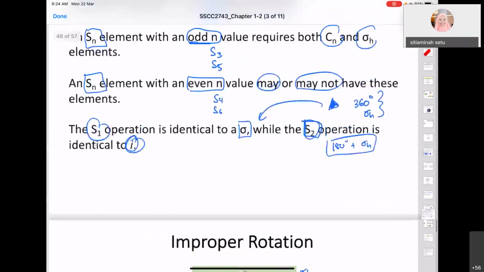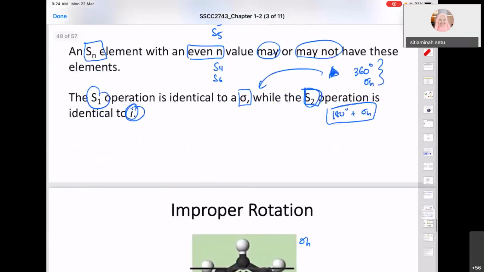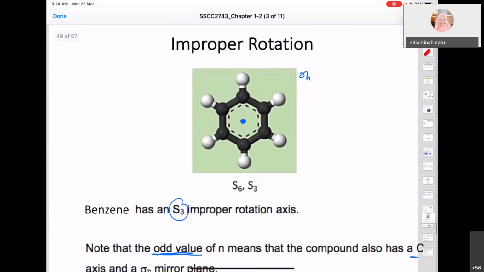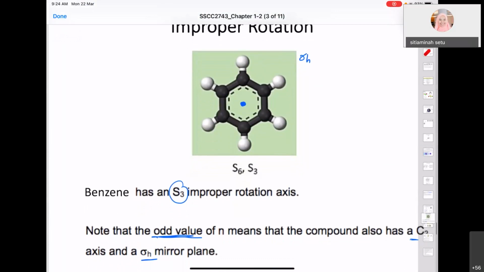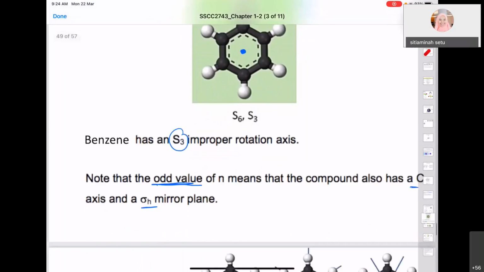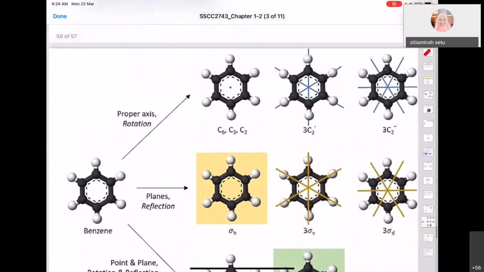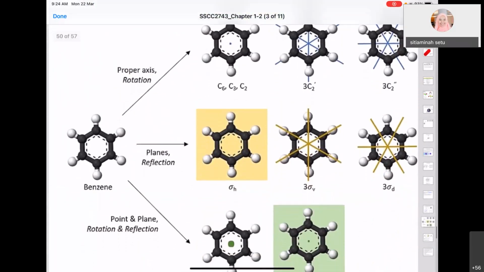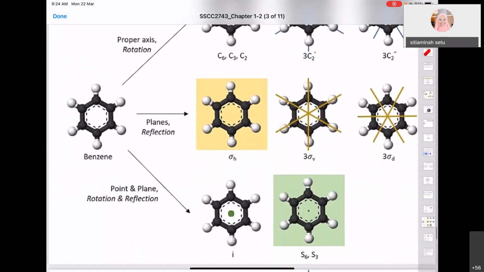Yang saya kata tadi, kalau nombor ganjil, molekul tu mesti ada rotation dan reflection, sigma H mirror plane. Kalau kita tengok dekat benzene, benzene tadi saya kata dia ada S3 kat sini.